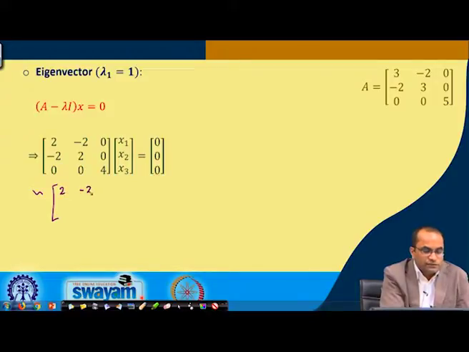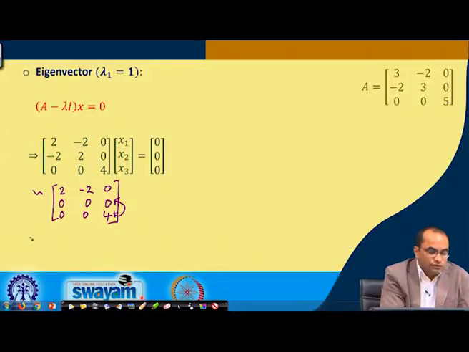Here we have 2 minus 2 and 0, and we want to make this entry 0, so we can just add row number 1. So, this is 0 and this will become 0. Here 0 0 4 is one step of the row reduced form, and now we can interchange these two rows.